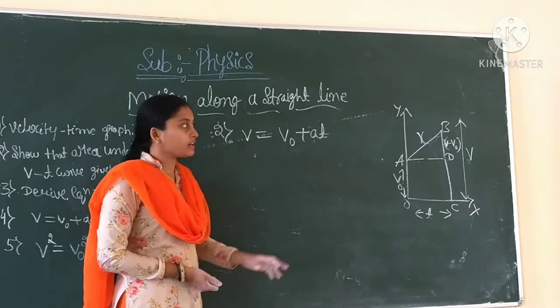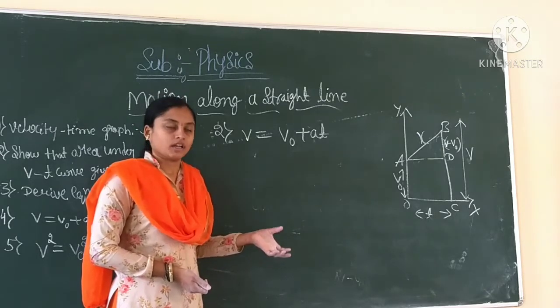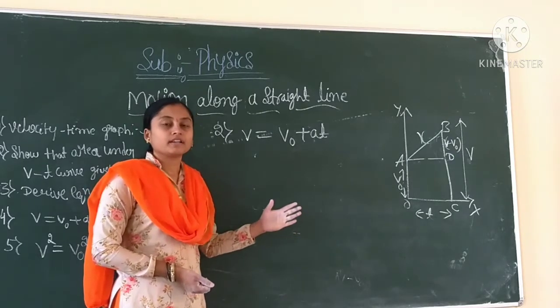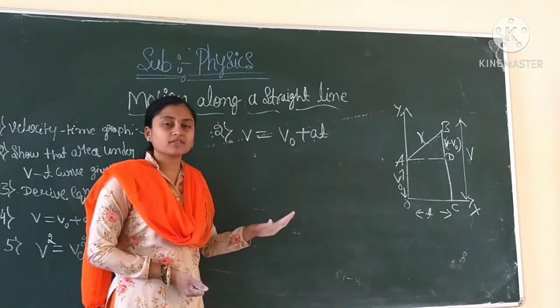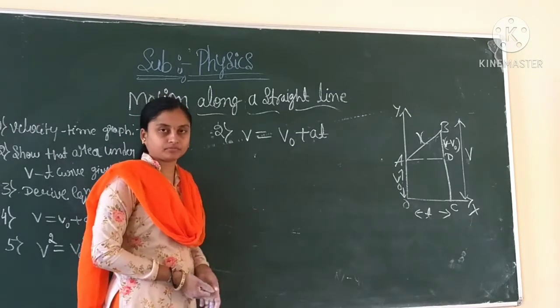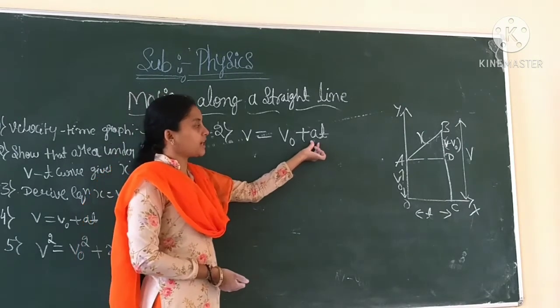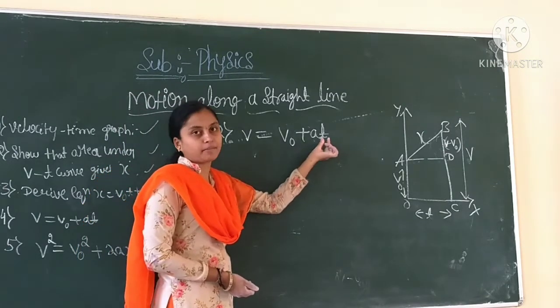Okay? So here the area under the curve AB in this VT graph gives the idea about V is equal to V naught plus At. V means final velocity, V naught means initial velocity, A is the acceleration, T is the time taken.